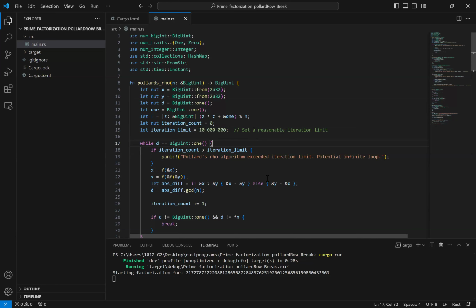There's a loop here. What that means is that there's a panic if the iterations are exhausted, that is, if the number is very huge and it would have to do more than these 10,000 iterations. If it has to do more than 10,000 iterations, it just exits that loop.